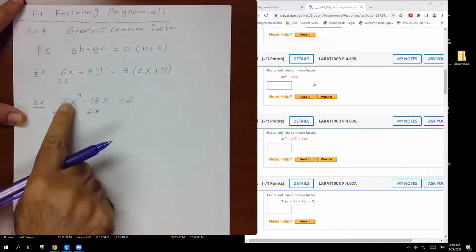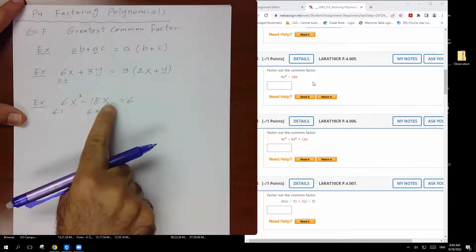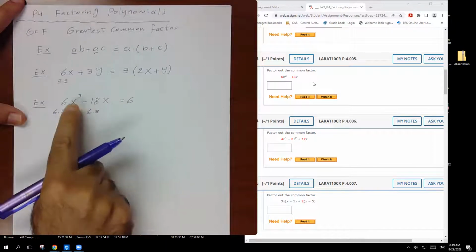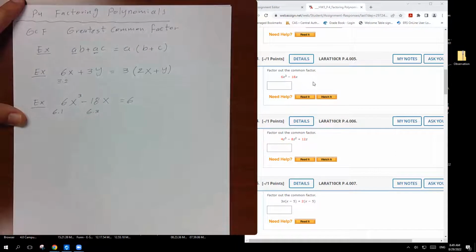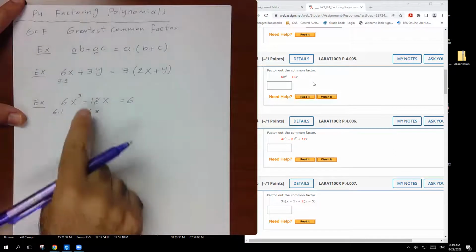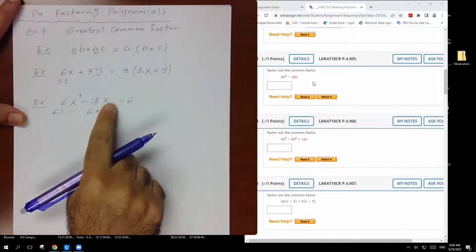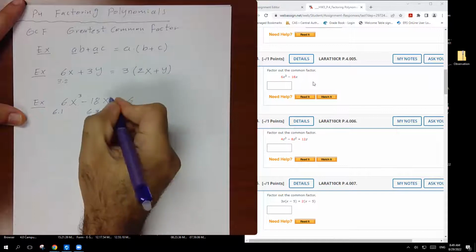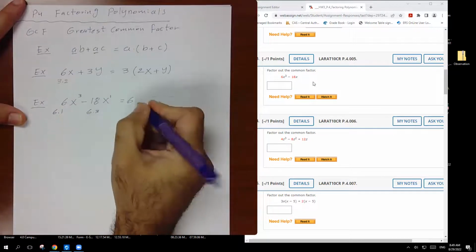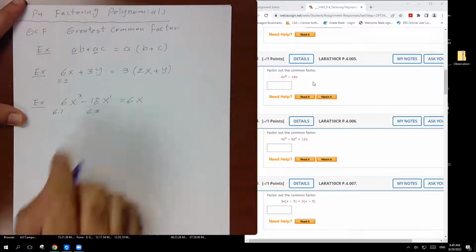Do I have a common between variables? Yes, because here is x cubed and here is x. Always, if you have a common between the variables and you want to find the common, take the variable with the smallest exponent. X cubed, x to the exponent 1, that means the common is just x, the smallest exponent, which is 1.